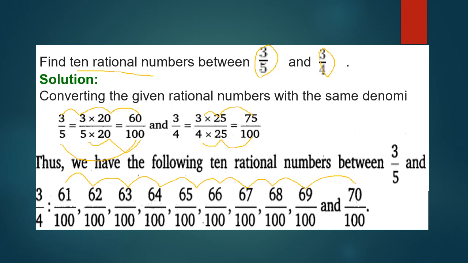That's all. Among those numbers we can choose any of the 10. So from 61 by 100 to 70 by 100 are the 10 rational numbers which lie between 3 by 5 and 3 by 4. It is clear for you, children? I think it is clear for you. Now let us move on to the next one.